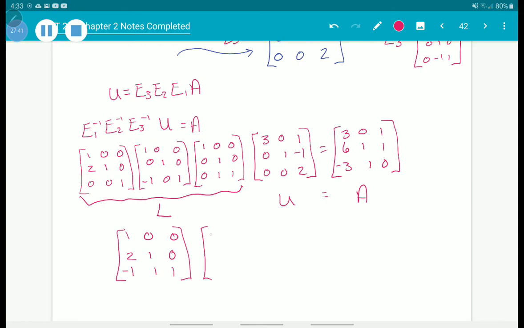So here is my LU decomposition. And we could always double check it, type it in the calculator, and you'll see that this is definitely going to work.